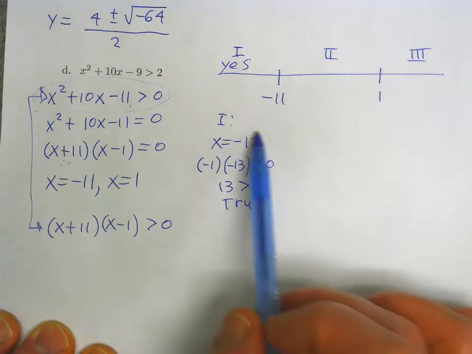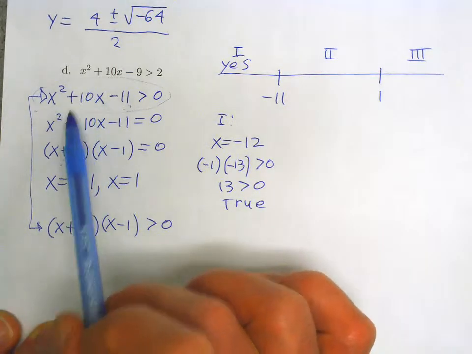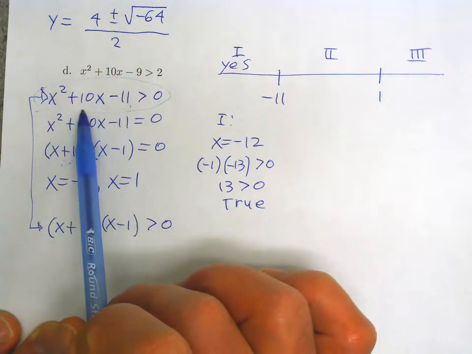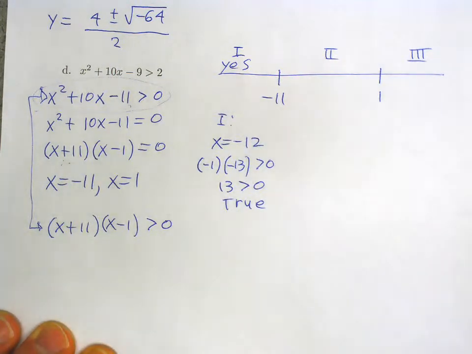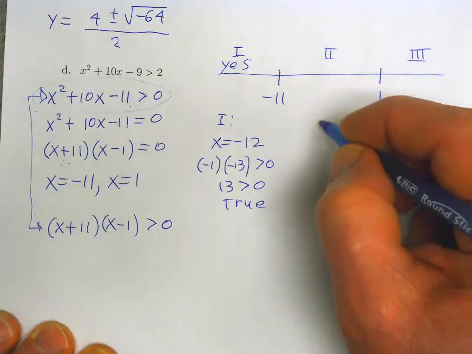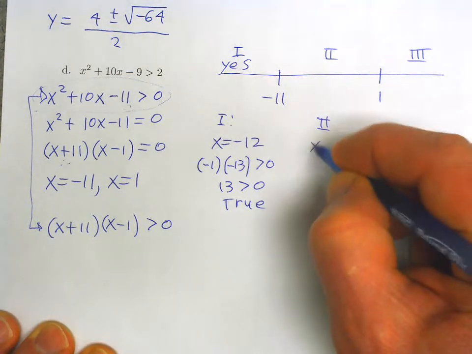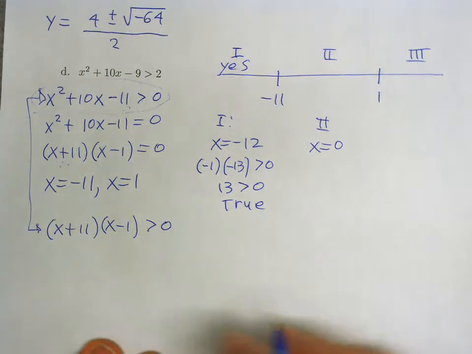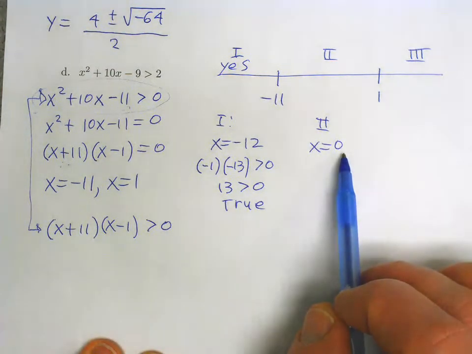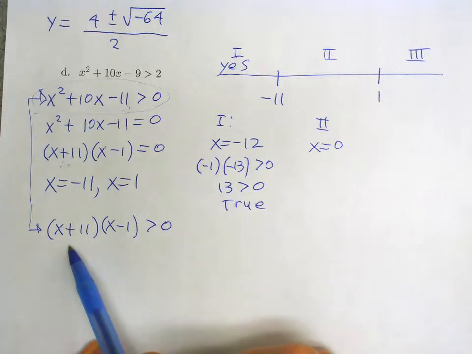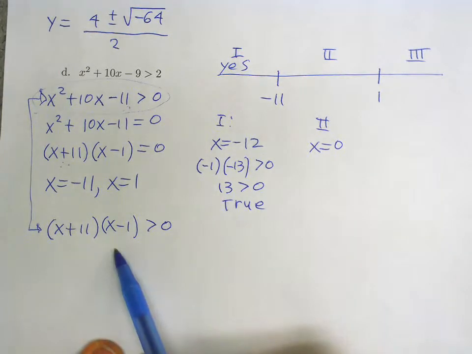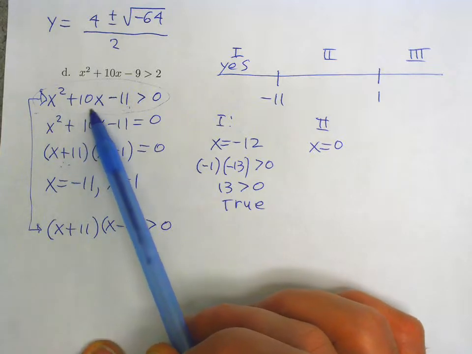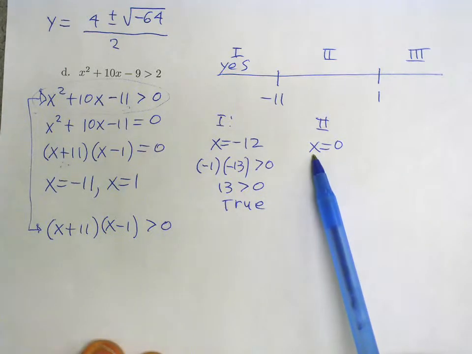If you would rather use the test point that's not in factored form, then you can still make it work. In the middle interval, we can pick x to be 0. Okay, and when you pick x to be 0, it's still pretty easy using the factored form, but the non-factored form is also pretty easy when the test point is 0.